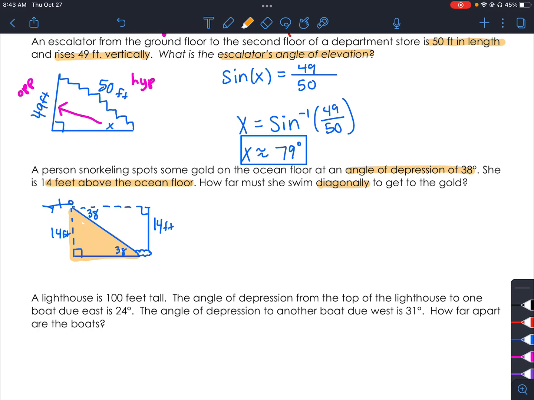So how far must she swim diagonally? So we're solving for the hypotenuse. I'll just use the bottom triangle because that's what we're used to. This is opposite. Diagonally is hypotenuse. So we've got sine again.